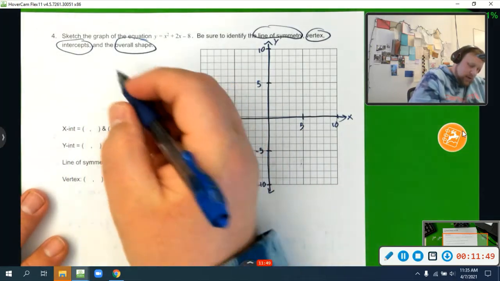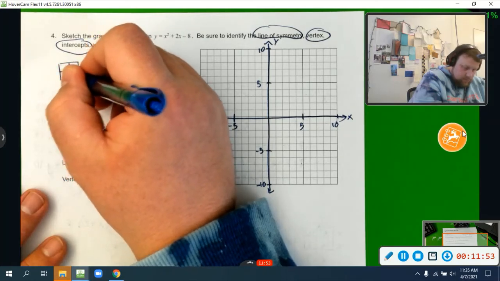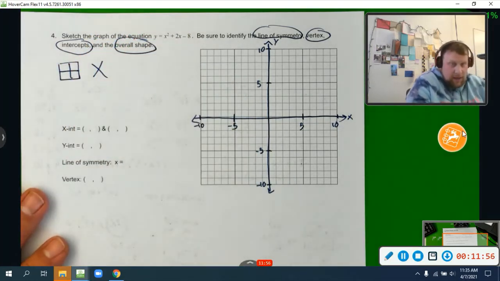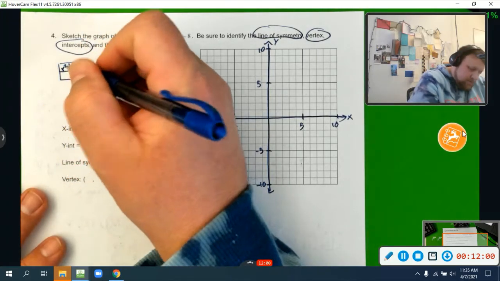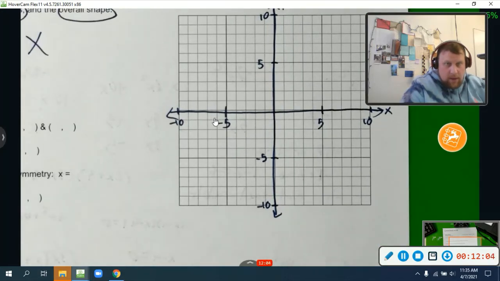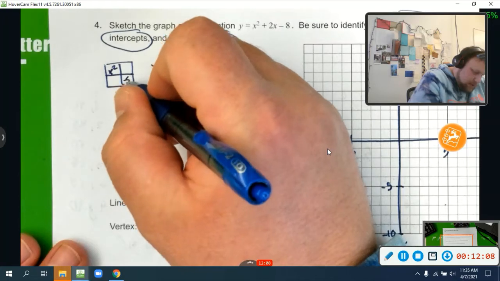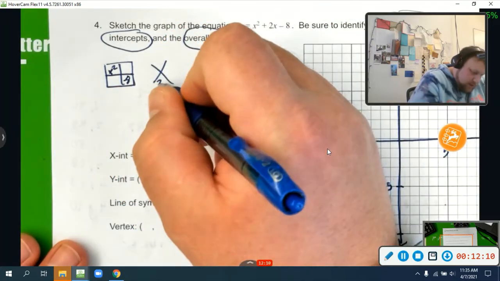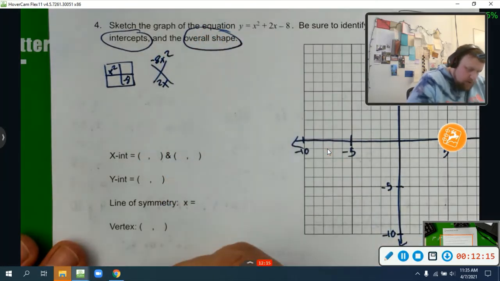Let's go ahead and do our generic rectangle. I'm going to make it kind of small just because I want extra space, but it's up to you. So I'm going to have x squared, and minus 8 up here, 2x down here.